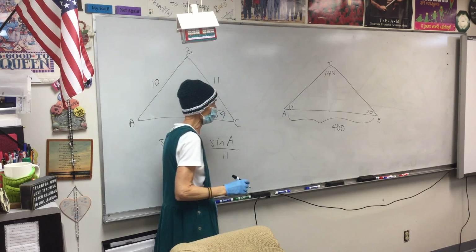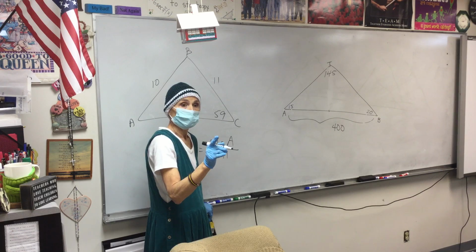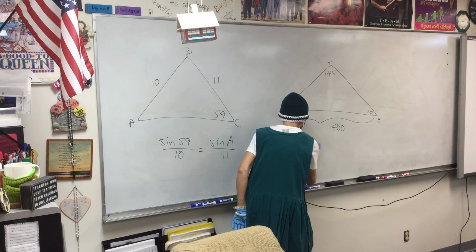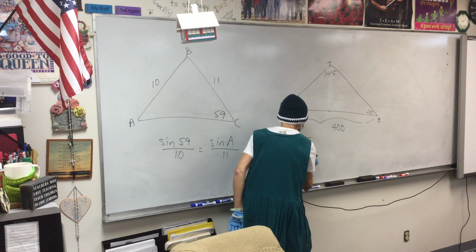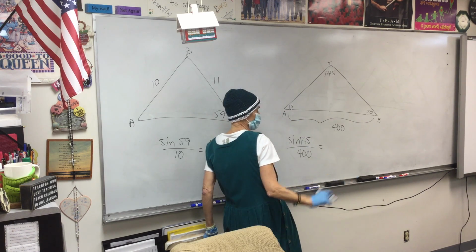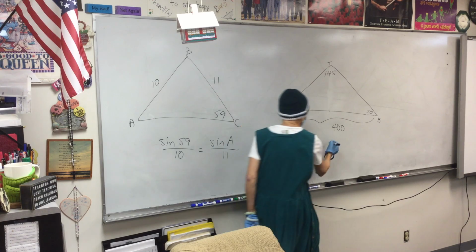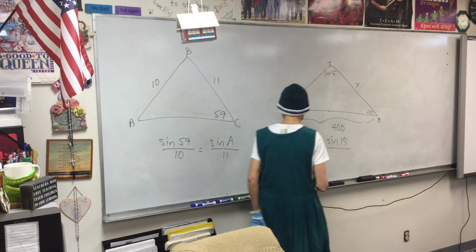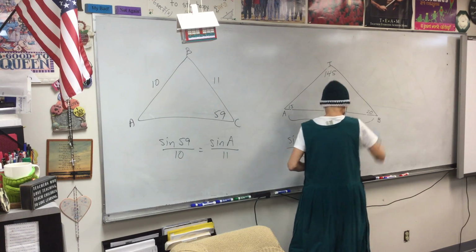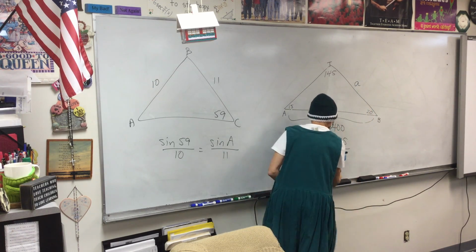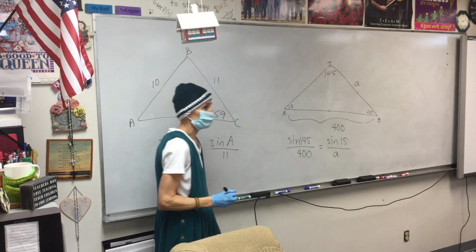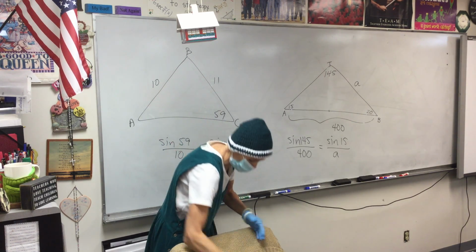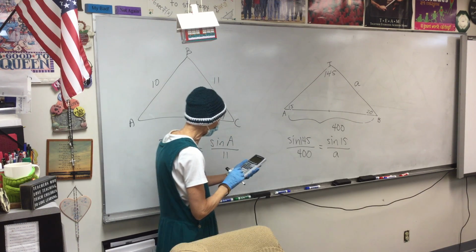So could you do sine 145 over 400? You just do sine 15 over x. I'll call it A to use my correct letters. Well, let's go ahead. I like where this is going. Good thought. Let's see if we can figure this out.